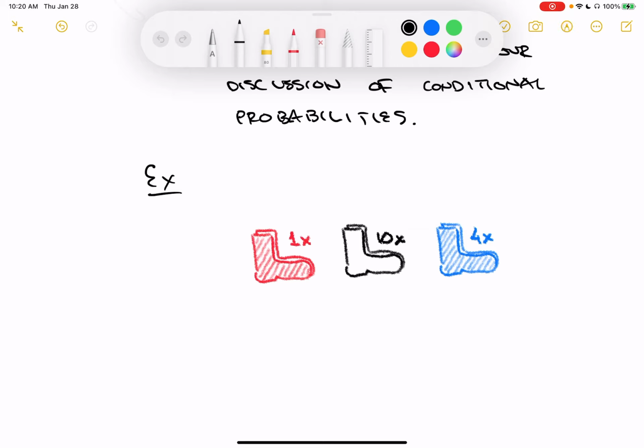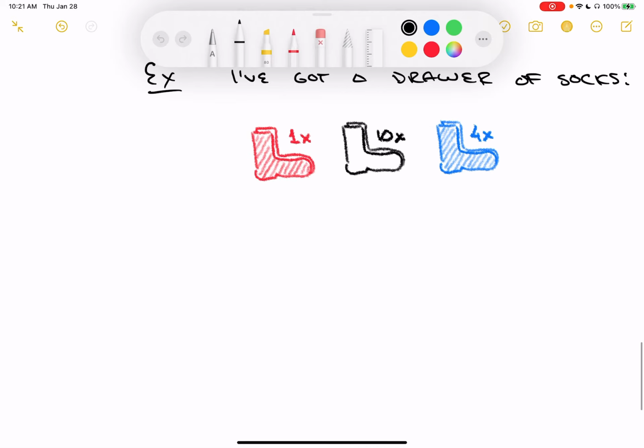Okay, let's consider a case where I've got a drawer of socks. In that drawer, I have one pair of red socks, 10 pair of white socks, and just to be totally patriotic, 4 pair of blue socks.